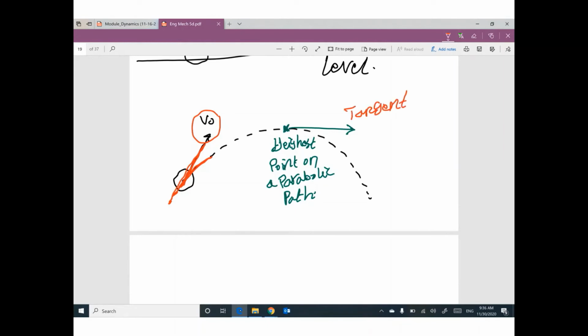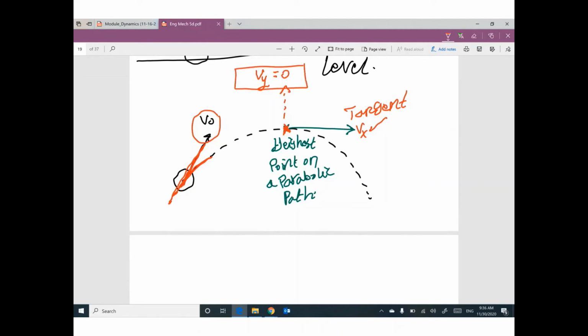So velocity at this location will be horizontal. That means any vertical component of the velocity will be 0. All velocity will be horizontal. We have a value for horizontal velocity, but we don't have a vertical component. Why?